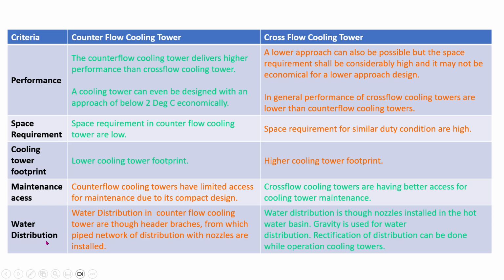Then water distribution. In the counter flow cooling tower, water is distributed through a header and branches, a pipe network with nozzles installed. In the cross flow, water comes to the basin, and gravity is used for water distribution. Rectification and cleaning can be done in operating condition.